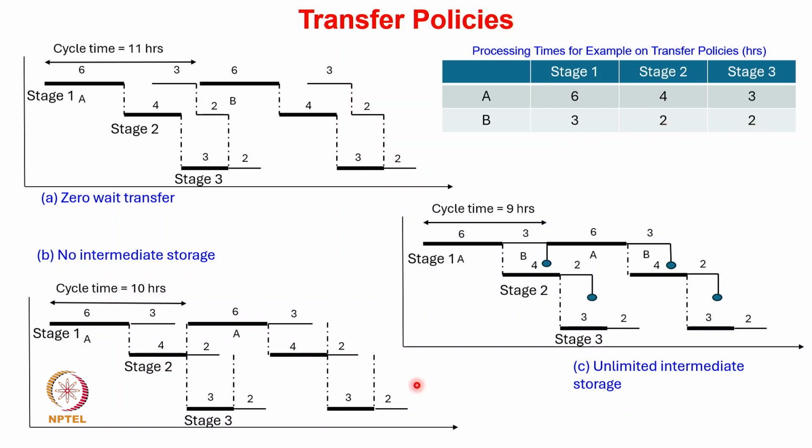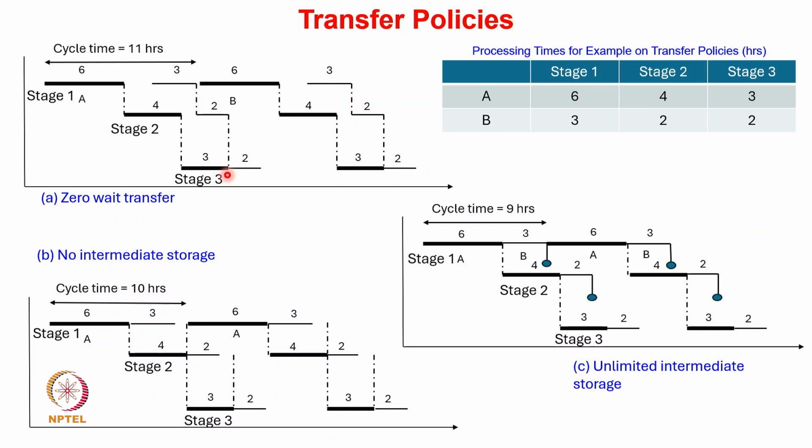So here in a zero wait transfer policy, whatever batch is completed in stage 1 has to be transferred to stage 2. So you can see that product A is transferred from stage 1 to stage 2, and from stage 2 to stage 3.